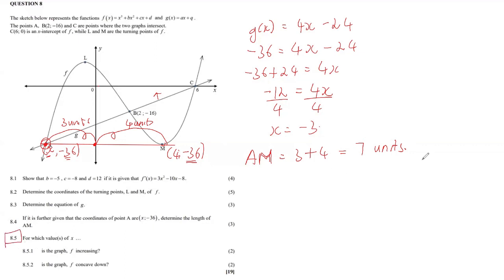It says, for which values of x is the graph of f increasing? Now remember, we said whenever they ask us about increasing or decreasing, what we should always reference are the stationary points, the turning points. Because remember, a graph can either increase to a certain stationary point or decrease from a certain stationary point to another stationary point.